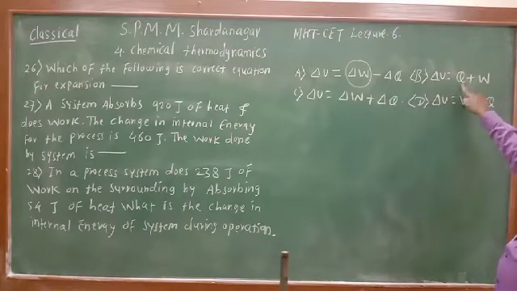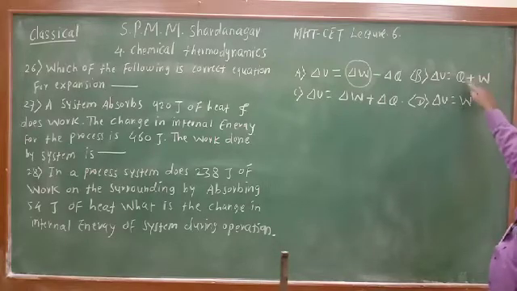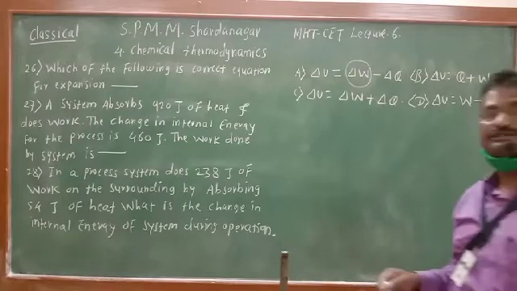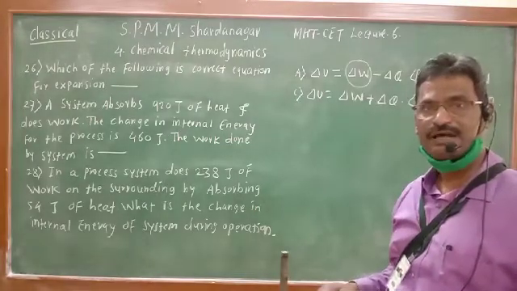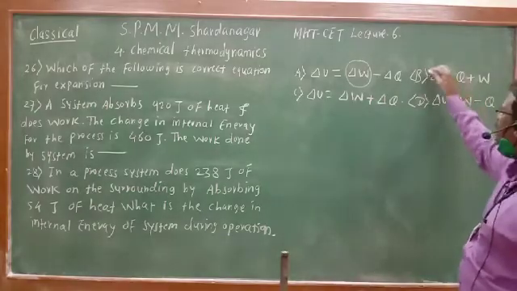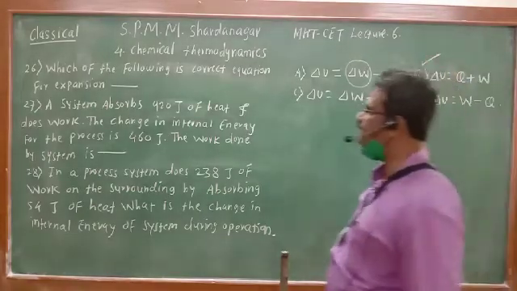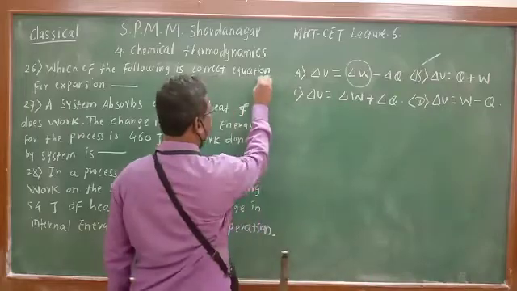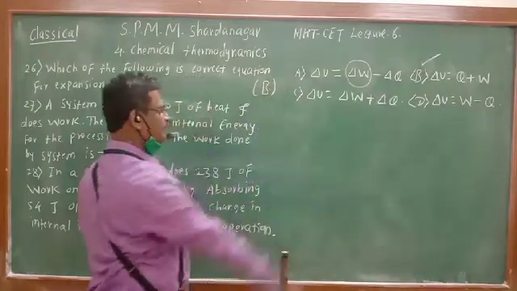Delta U is equal to Q plus W. This is the equation for the first law of thermodynamics. It is written as plus W. If it is a process of expansion, the answer for work done comes out negative. Therefore, the correct option is B. For question number 26, the correct option is B.